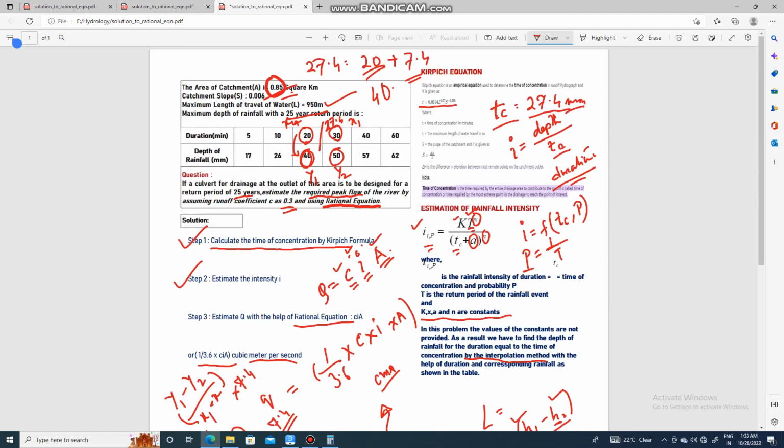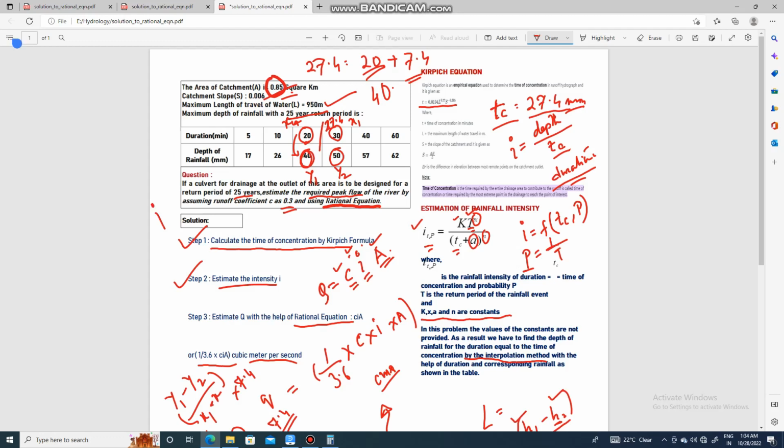So as you see, the process of solving this problem is very easy. First step is to calculate the time of concentration, keep it in the formula. L is given, S is given, just put it in and you will find the TC. Now estimate the intensity I, that is very important. We all know what I is.